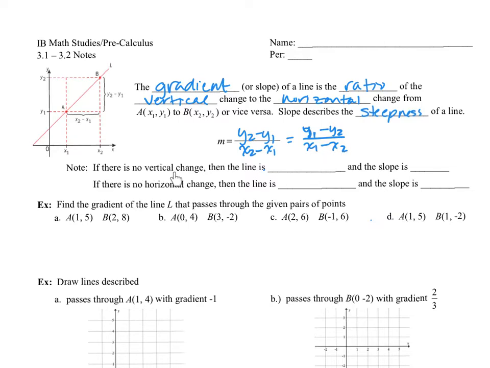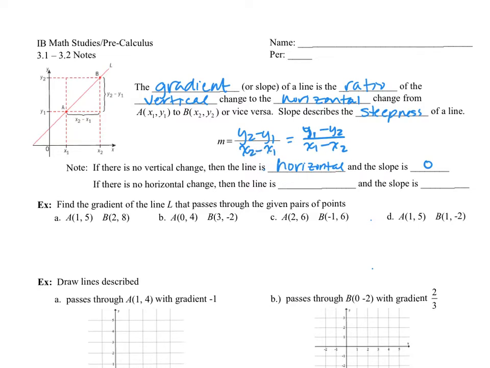Now, you'll remember that if there's no vertical change, if the numerator of this ratio is 0, then that line would be a horizontal line, and its slope would be 0. If there is no horizontal change, that means that the denominator of the ratio would be 0.